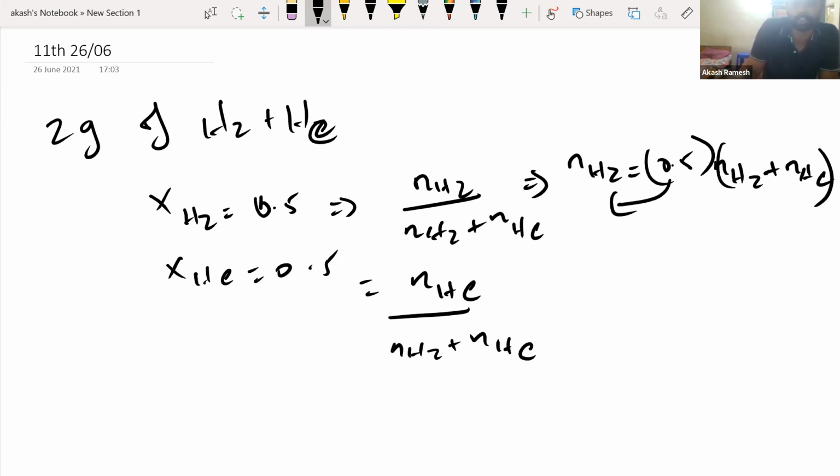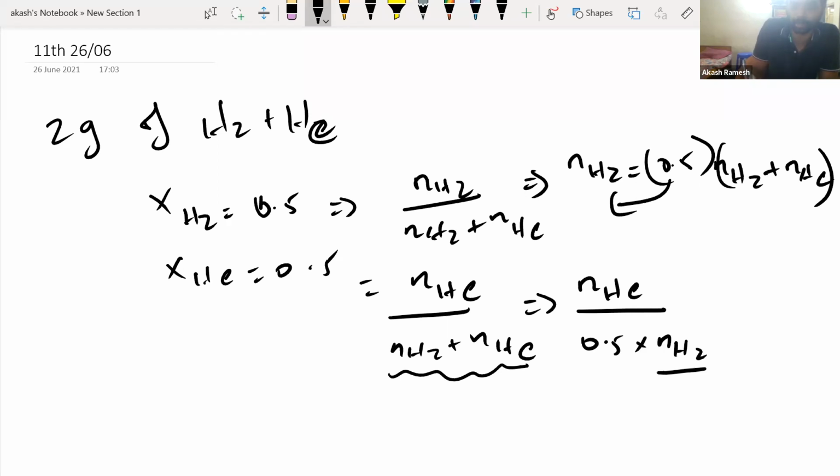The 0.5 just comes down to the denominator, either way. Now instead of this particular term, let us use that and see what happens. I will be getting number of moles of helium divided by number of moles of H2 divided by 0.5. Again, if you do this properly, this will come in the numerator only. Hope you'll understand this.